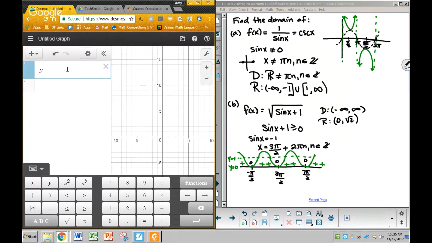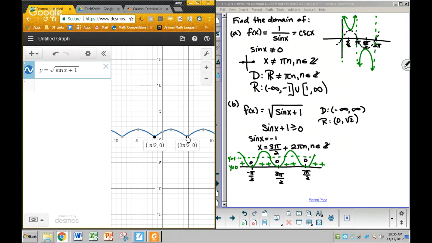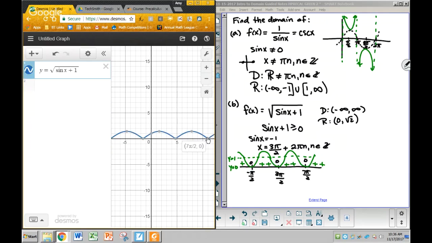Y equals, yep, sin x plus 1. Can you click on these, the zeros? Can they match our sign chart? Nice.